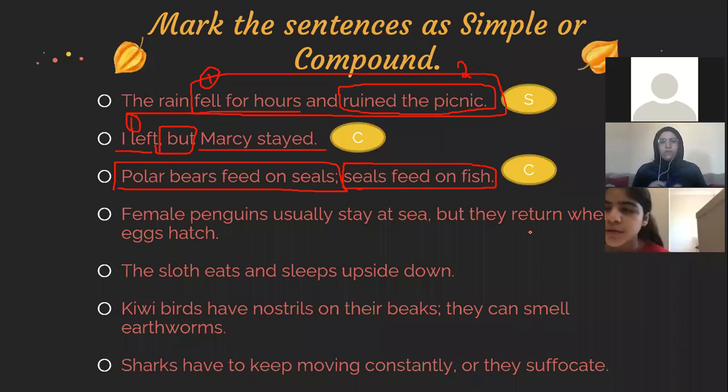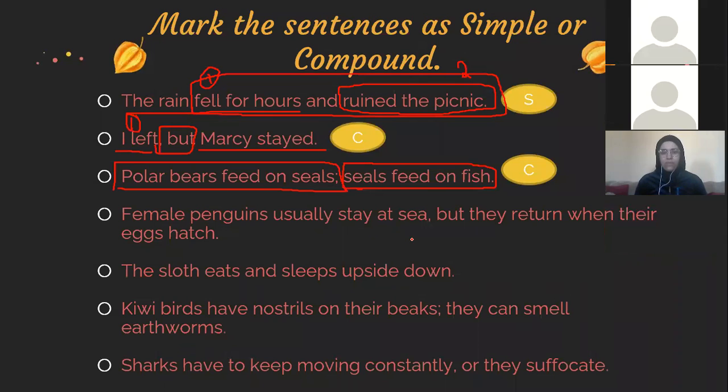Female penguins usually stay at sea, but they return when their eggs hatch. Excellent. Simple or compound? Simple. So I have one independent clause here, you mean? Yes.